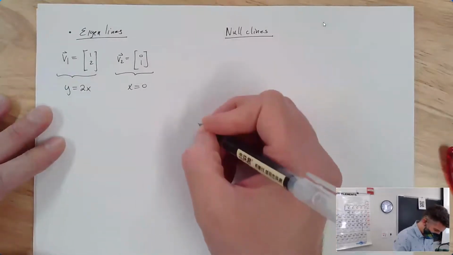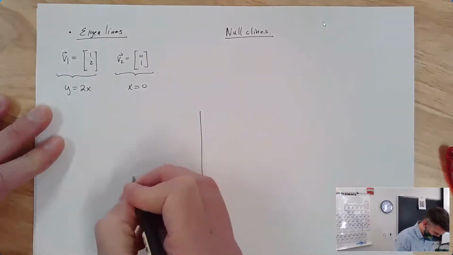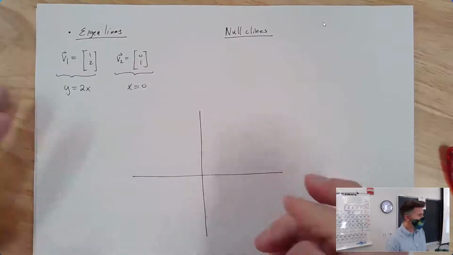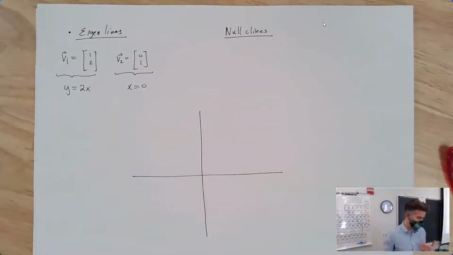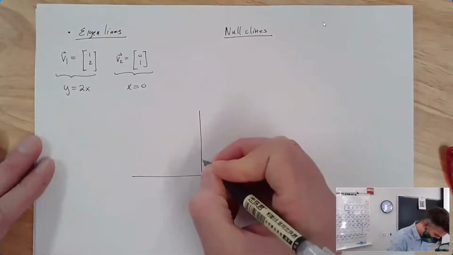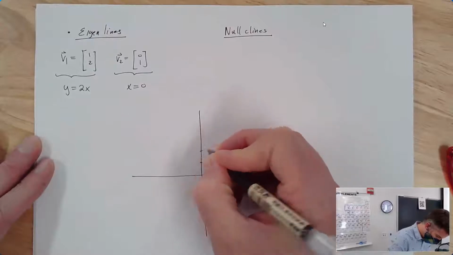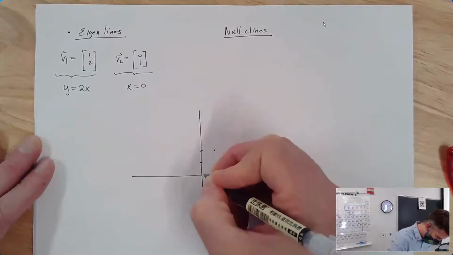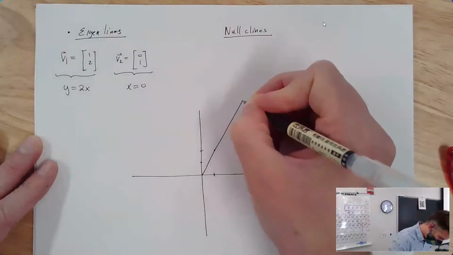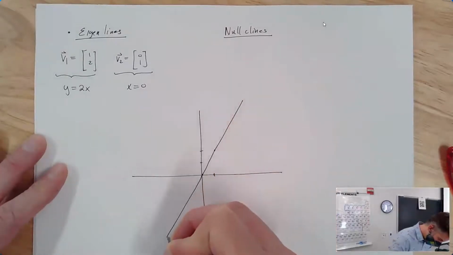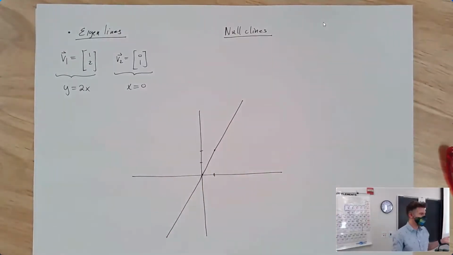So I'm going to start trying to draw this thing. So here's what's true about the eigenlines. And let me make sure I draw this in a not super terrible way. Yeah, I can draw this not terribly. I want to go over 1 up 2. And normally we would draw lines putting arrows at the end.